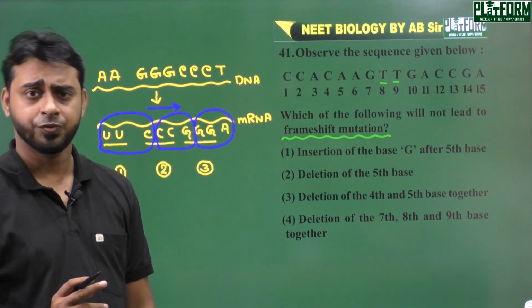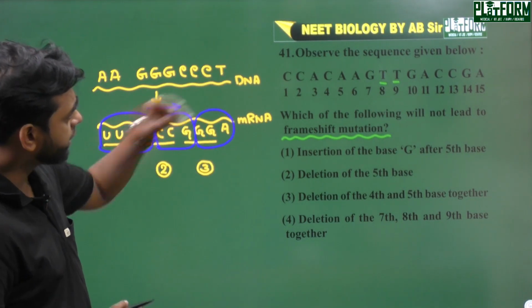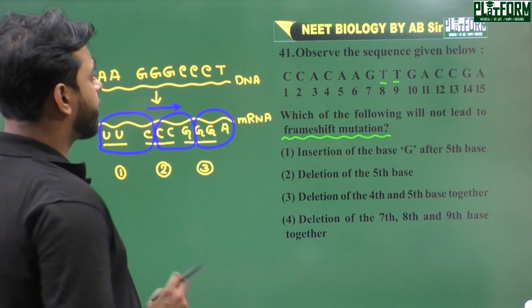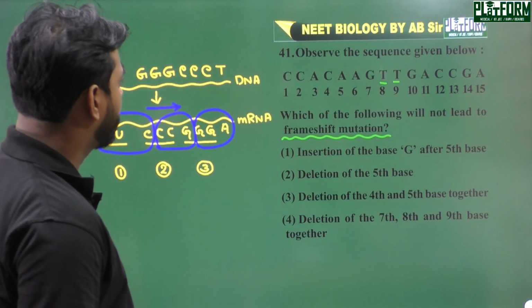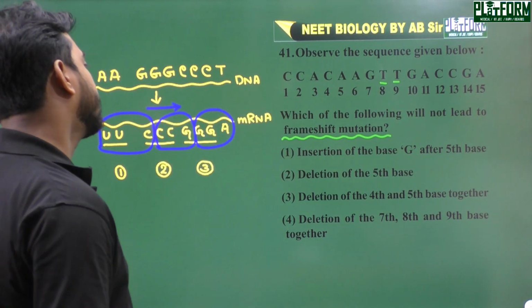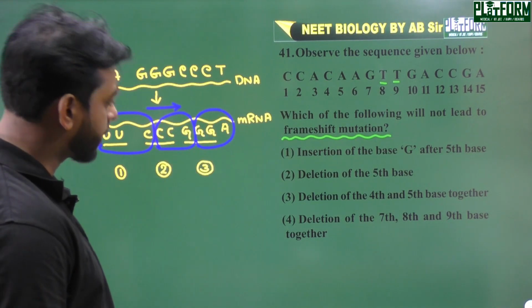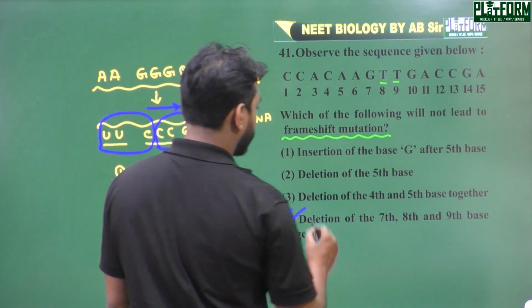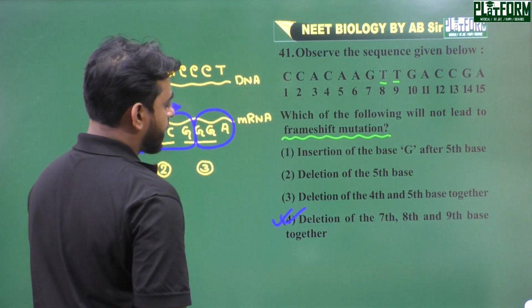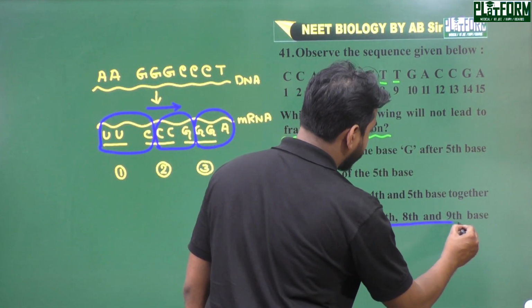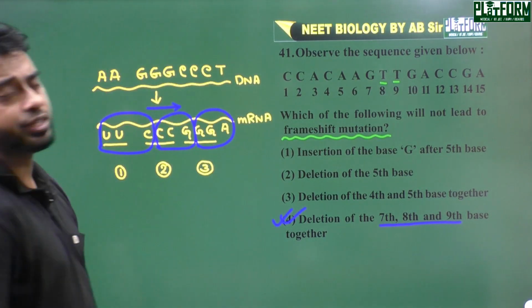Fine. So here it is given: observe the sequence given below and which of the following does not lead to the frame shift mutation. So the correct answer will be option 4, that means the deletion of the 7th, 8th and 9th bases together.